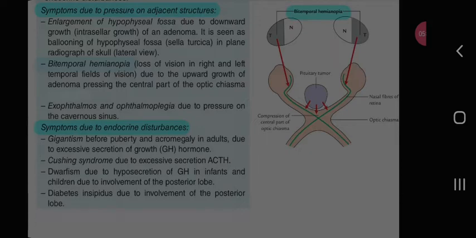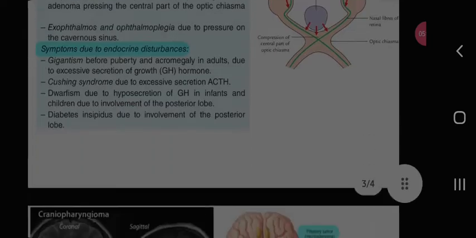Symptoms due to endocrine disturbances: gigantism before puberty and acromegaly in adults due to excessive secretion of growth hormone. Cushing syndrome due to excessive secretion of ACTH. Dwarfism due to hyposecretion of GH in infants and children. Diabetes insipidus due to involvement of the posterior lobe.